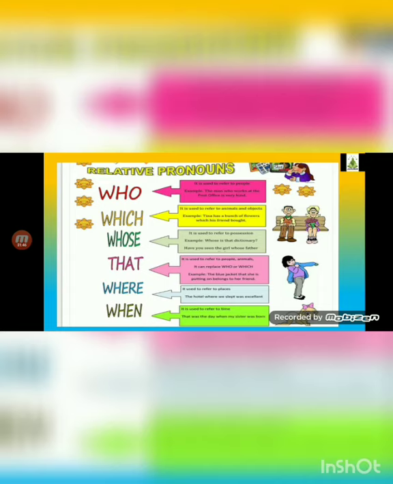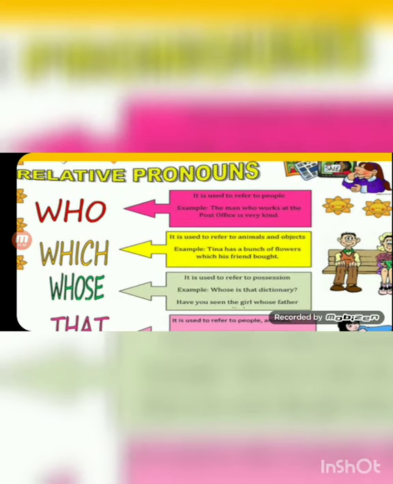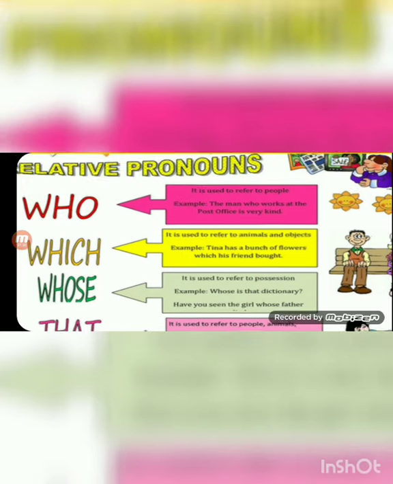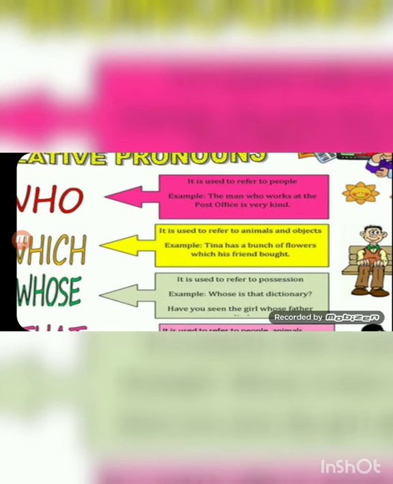So let's see more examples. Who. Now how are we going to use this who? It is used to refer to people. Example, the man who works at the post office is very kind. So here, who, the man who works in the post office, is very kind.